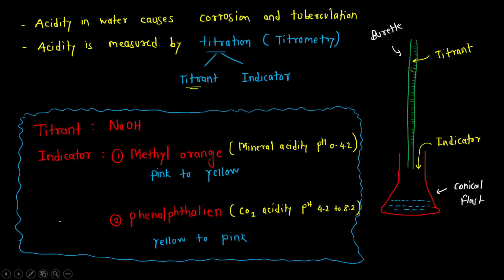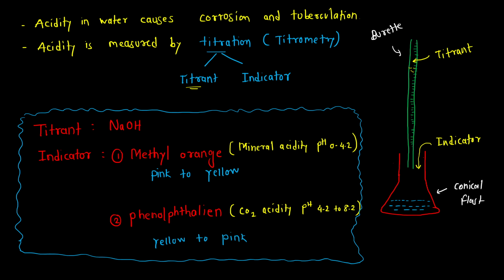So pay attention. Titration is a process in which there is a certain titrant and a certain indicator used. To measure acidity by this titration process, which titrant are we using? We are using NaOH. Then which indicator?